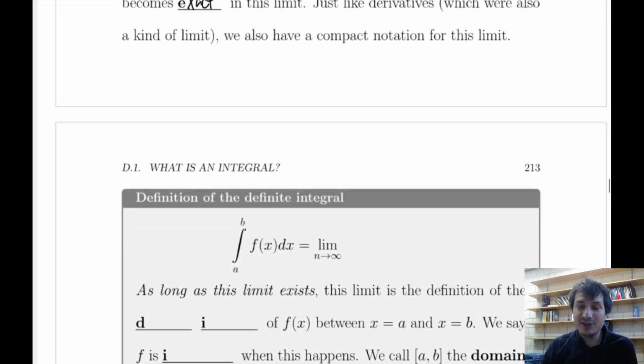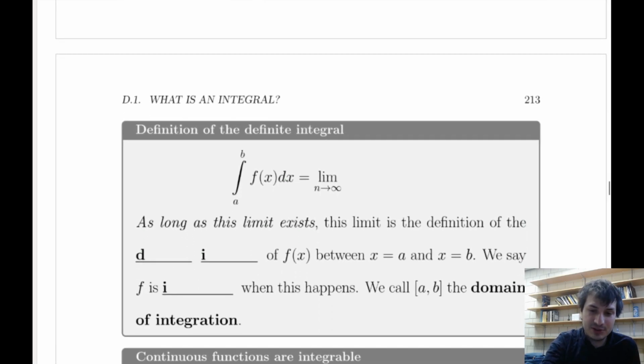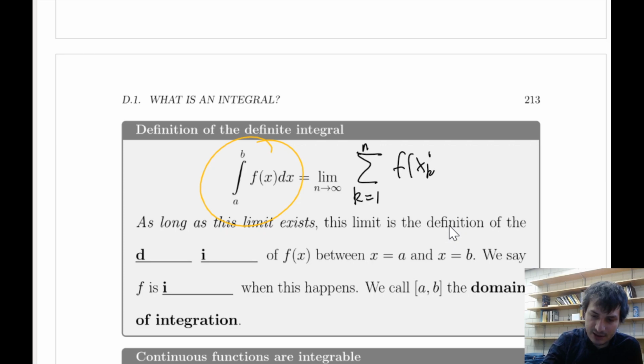So when you see these crazy symbols, just like when you see a derivative, these symbols mean do the limit of something. And the limit of the thing we're doing is the limit of the Riemann sum of f of xk star times xk minus xk minus 1.